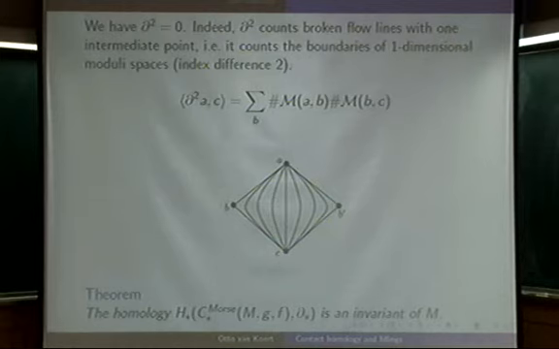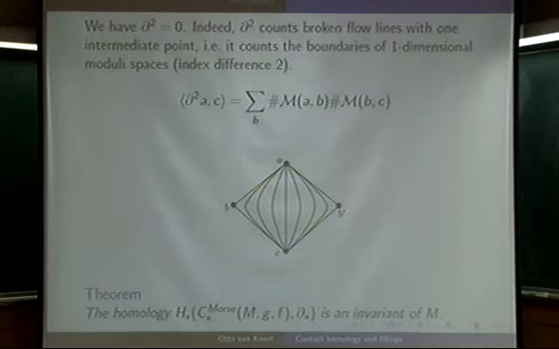And why is that? Well, what does d squared count? D squared counts flow lines that go first to some critical point and then to some other critical point. If I go from A to B to C, I can regard directly the moduli space from A to C. There's index difference 2, so it's a one-dimensional moduli space.